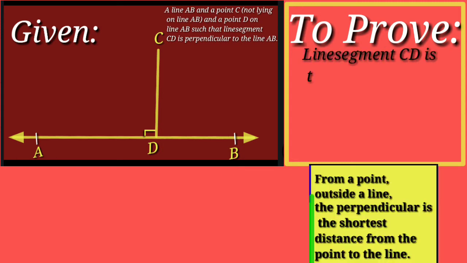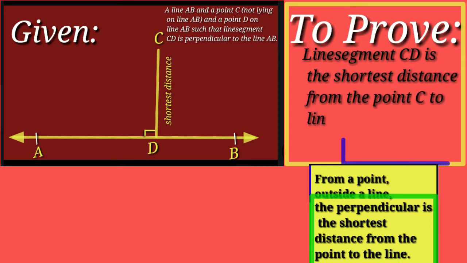In its proof, line segment CD is the shortest distance from the point C to line AB.